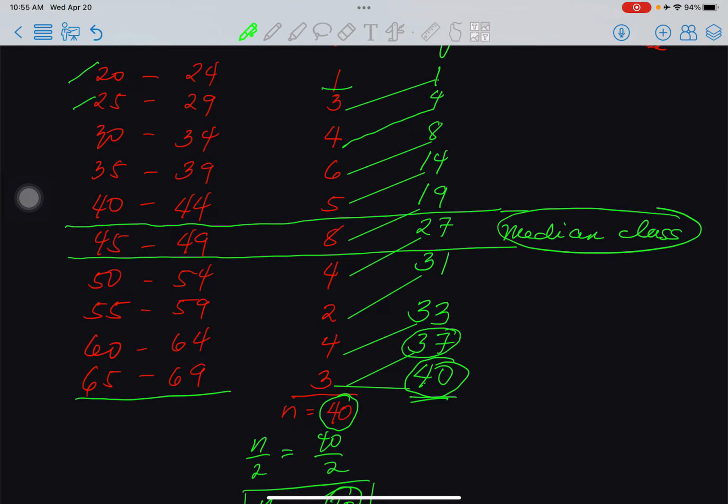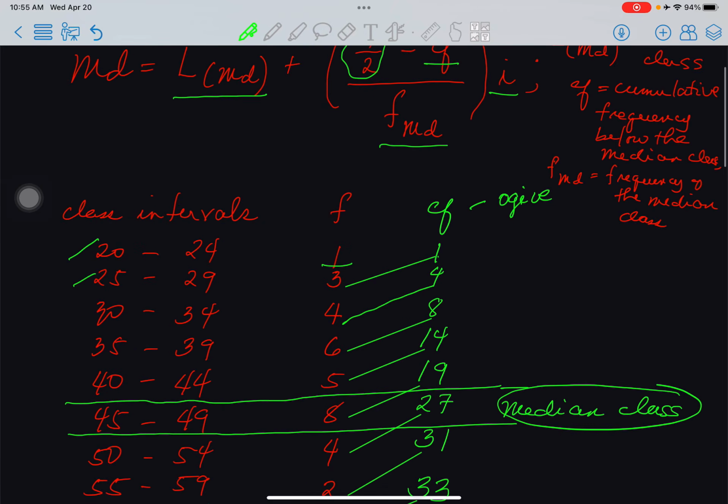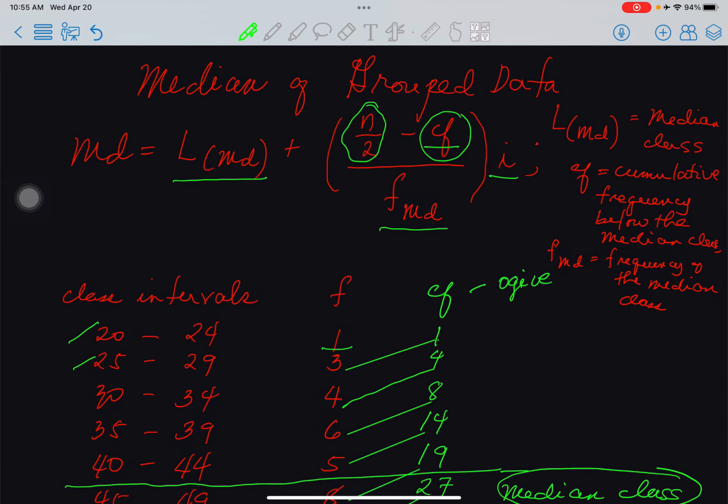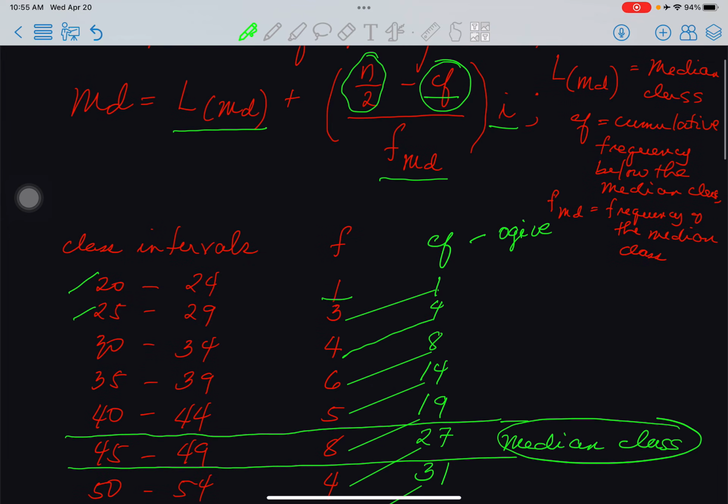Take note that your cumulative frequency below the median class should not be greater than 20, because if it is greater than 20, then you will be misled. In computing our median, your cumulative frequency below your median class should not be higher than n over 2.